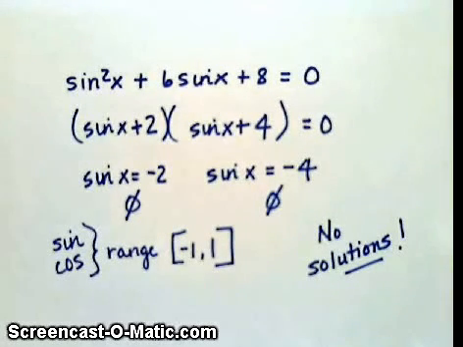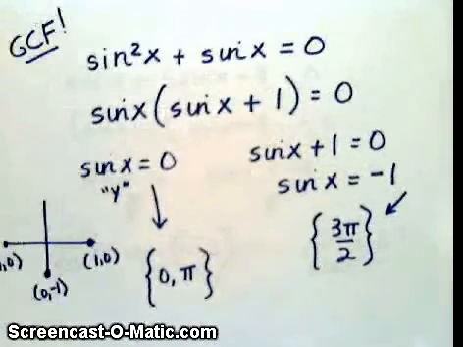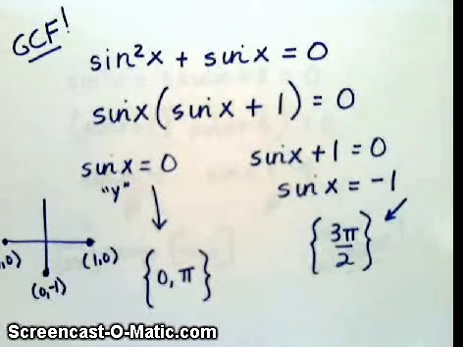So anyway, that's a recap about quadratics. Let's go back through them very quickly. Our first example involved taking a greatest common factor where we took out a factor of sine. Always look for chances to remove the greatest common factor.